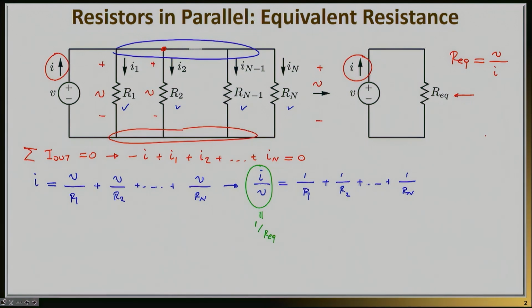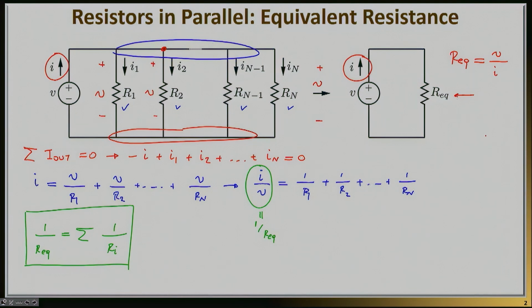Specifically, I will write it in a slightly different way, that 1 by Req is equal to the sum of 1 over Ri. And this is the most famous equation, the most interesting way of writing down what is the equivalent resistance for a parallel combination of resistances. It's an equation you should memorize. It's an equation you should be able to apply immediately.